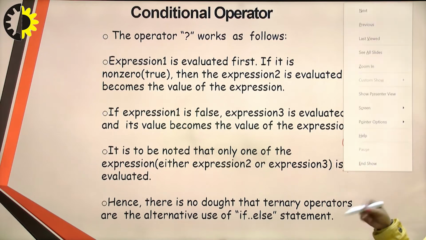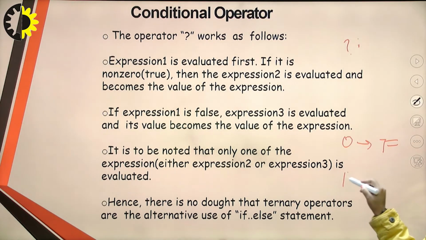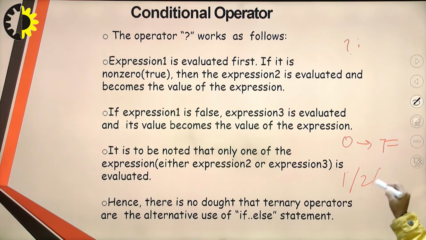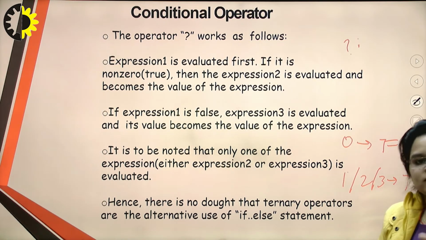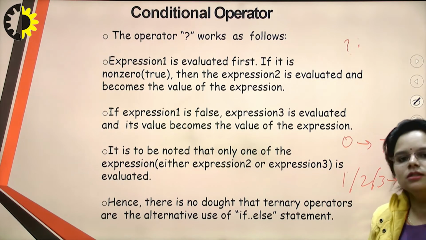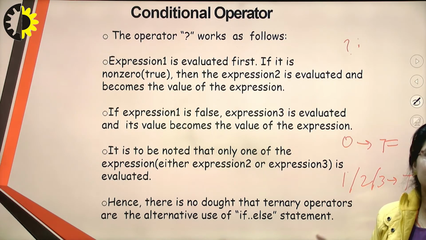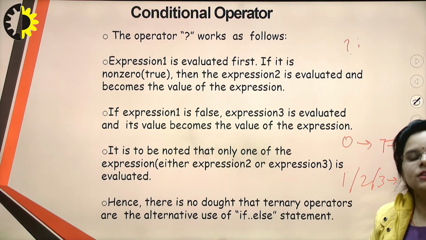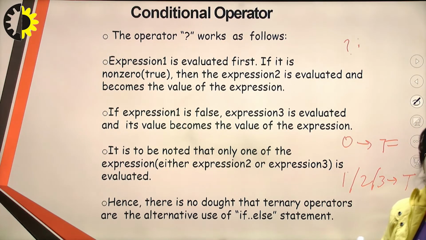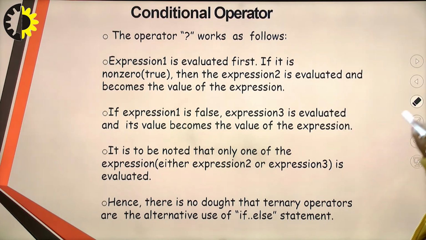Either 1, or 2, or 3, or any non-zero value would return true. So 0 is false, and any non-zero value is true. If expression 1 is evaluated first and is a non-zero value, it means it is true, then expression 2 is evaluated later on.